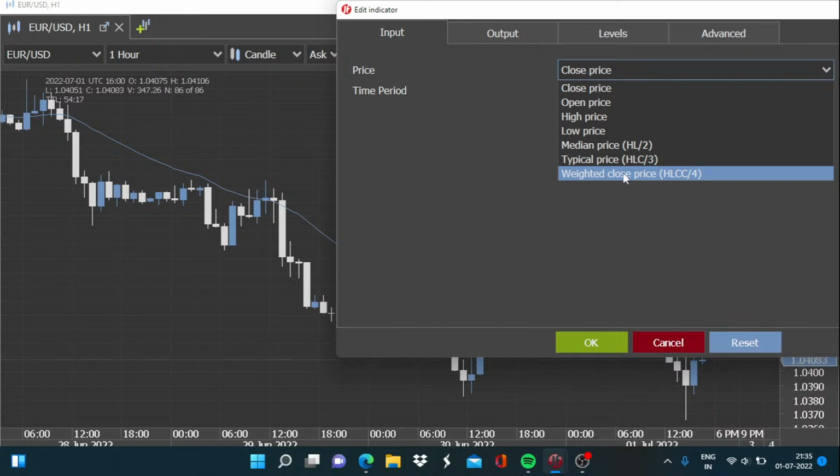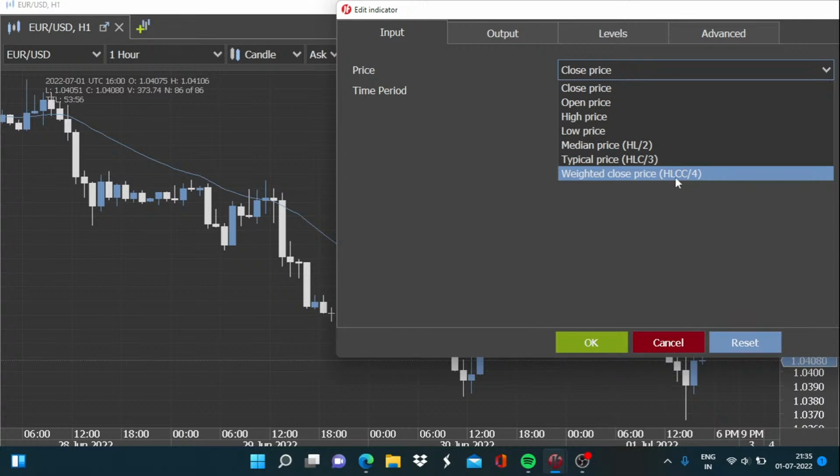And in this example particularly, you should take note that here in the weighted closing price, more weightage is being given to the closing price. So when we give more weightage to a particular candle period, all we do is take that particular price more times, and then we divide it by the number of times it has been taken.